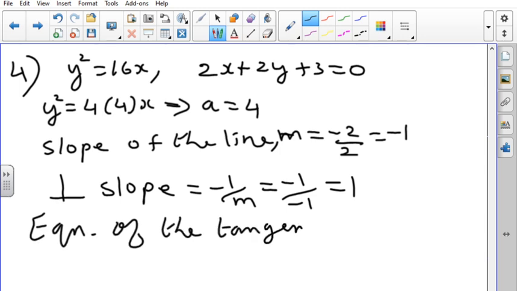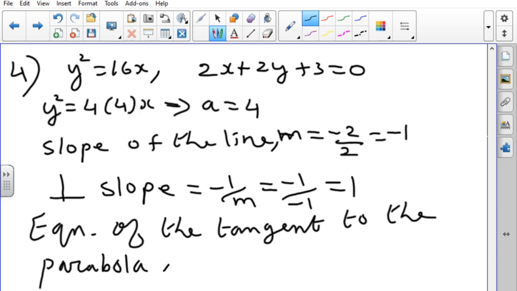So equation of the tangent, already we have seen this. So equation of the tangent to the parabola is y is equal to mx plus a by m. So substitute the values here.